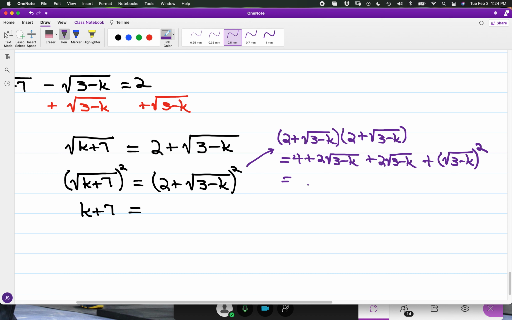And that is just going to become 3 minus k. Following through, you got 4 from the first product. Outside and inside products, you got 2 square root of 3 minus k plus another 2 square root of 3 minus k, so this will be 4 times the square root of 3 minus k. And for the last product, this is going to translate to 3 minus k.